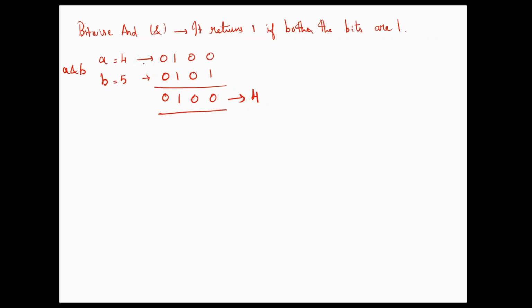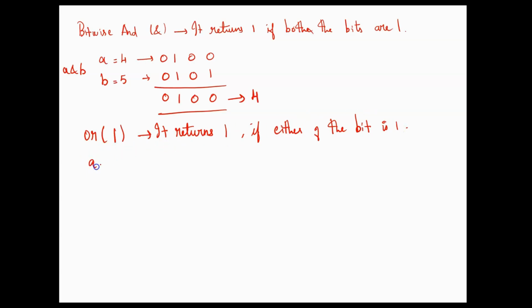Next one is bitwise OR. This is the symbol for bitwise OR, and it returns 1 if either of the bits is 1.